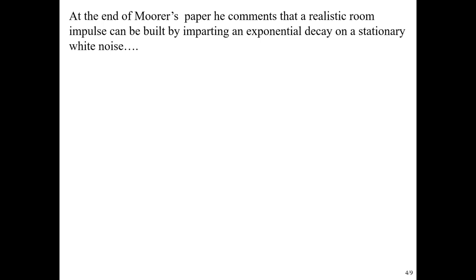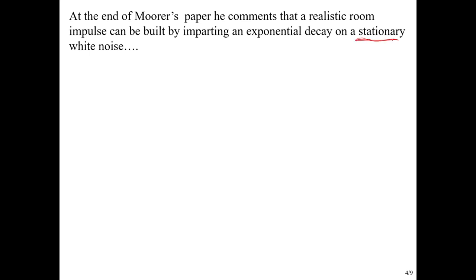So one of the things I really like to see in research is when people just kind of make observations in their paper to kind of just think out loud and ponder. And so one of the things that Moorer said in his paper is, if you look at a realistic room's impulse response, we can really just look at that as starting with some sort of stationary white noise.